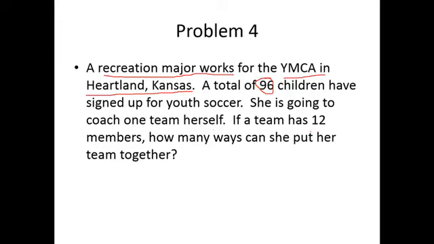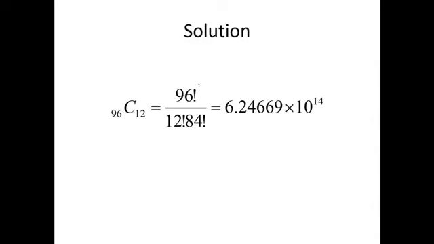If a team has 12 members, how many ways can she put her team together? It's a combination problem, because it's soccer, and even though you do assign positions in soccer, it didn't ask how many ways she can do this assigning positions. She's just choosing the team, and the coaches are going to choose their positions.